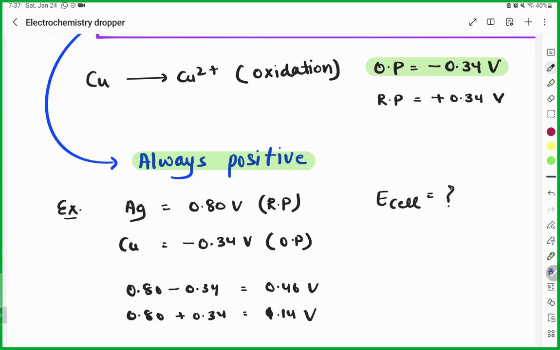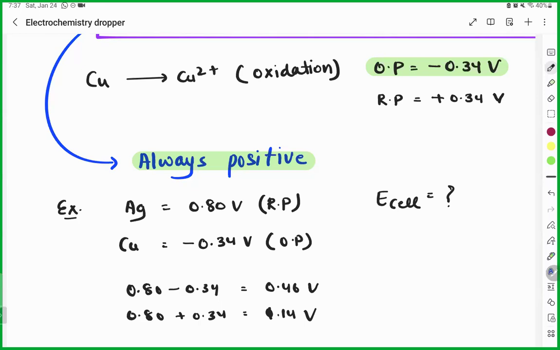1.14. Question is, your Ag reduction potential is 0.80 volt. Yes. The formula states reduction potential minus oxidation potential, but the minus and the minus make it a positive, so it will be 1.14.